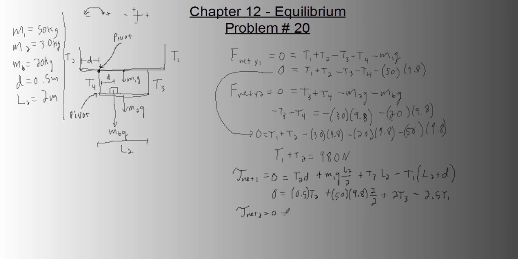equals 0. And we picked this as our pivot point for the same reason as we picked this one. Although this one, now that I think about it, we know this is D also, so it probably wouldn't have been so bad to pick. Yeah, it would. We want to be consistent because we're going to solve this torque net 2 for T3 and plug that up in here.